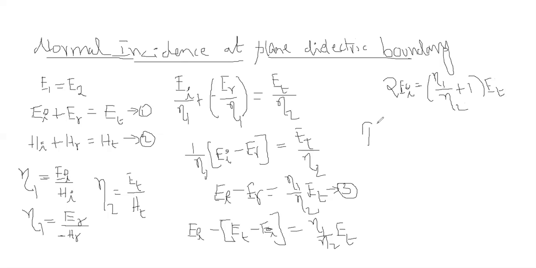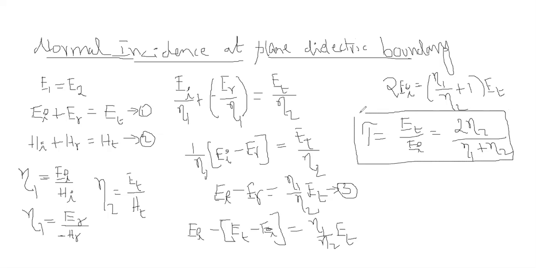The transmission coefficient tau is equal to ET by EI. After cross multiplying, taking the LCM here, 2 eta 2 over eta 1 plus eta 2 is the transmission coefficient: 2 eta 2 by eta 1 plus eta 2.